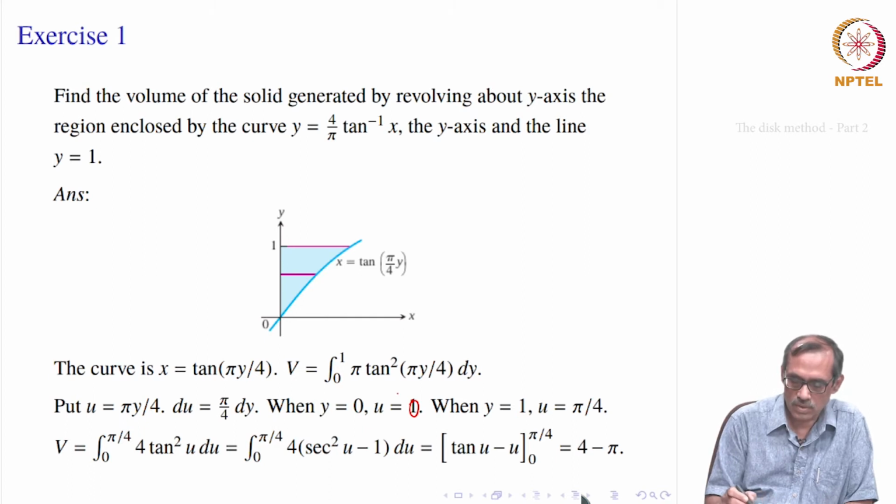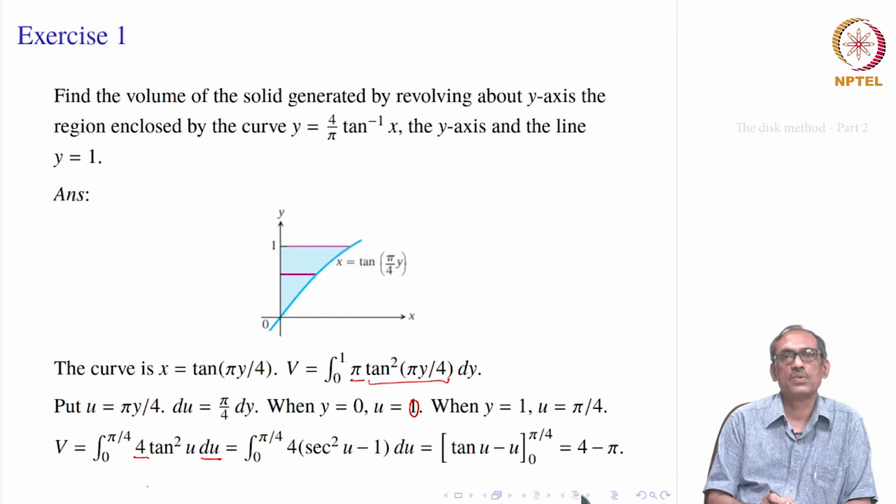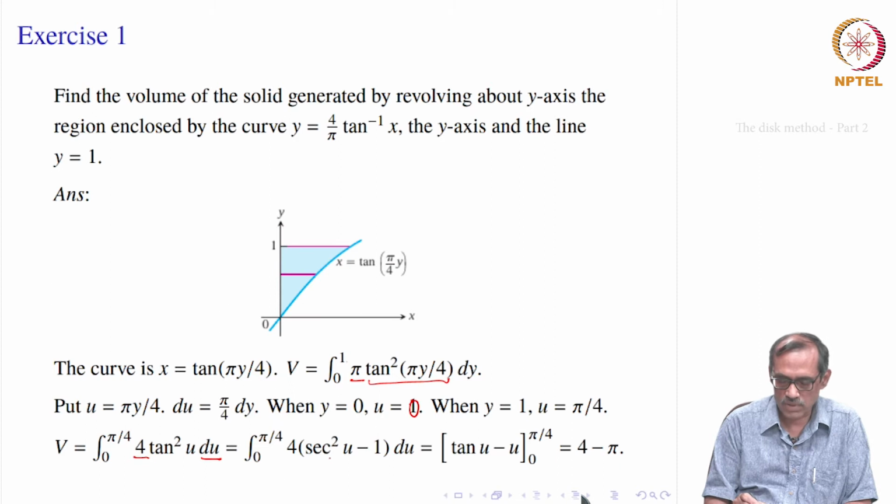integral 0 to pi by 4 in terms of u, and then it is pi times dy. So, dy becomes 4 du over pi, right, pi was already there. So, you have 4 du, and this is tan square u. Okay. So, our volume is 4 times the integral from 0 to pi by 4 of tan square u du, which is 4 times secant square u minus 1 du.